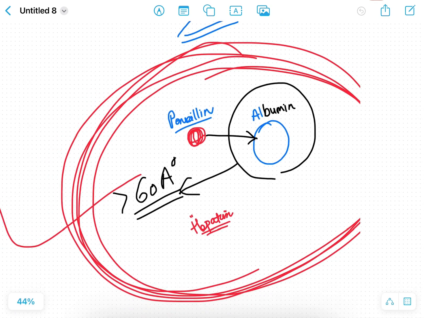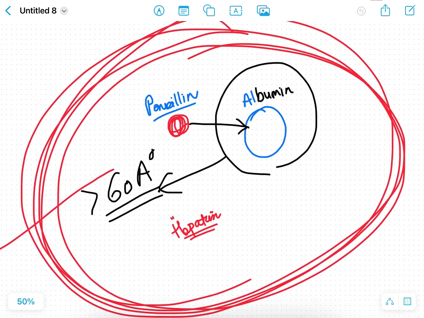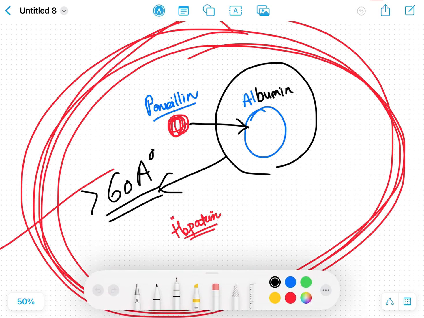Okay, so where we left off: when the protein is less than 60 angstrom, it is not an antigen. If it is more than 60 angstrom, it is an antigen. Our body calls it an antigen, and it should be a protein.